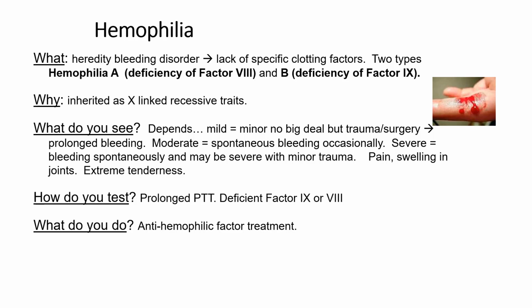They have a prolonged PTT. We'll have to talk about those when we talk about DVTs later on this semester. And of course, the treatment is the replacement of factor VIII and factor IX.